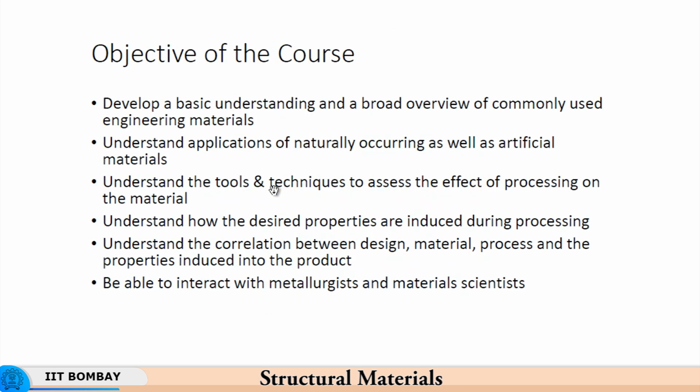So, the objective of the course is to develop a basic understanding and broad overview of commonly used engineering materials, understand applications of naturally occurring as well as artificial materials, understand the tools and techniques to assess the effect of processing on the material, understand how desired properties are induced during processing, understand the correlation between design, material processing and properties induced in the product, and be able to interact with metallurgists and material scientists, because it is a very important part a mechanical engineer does, is to interact with material scientists, metallurgists, and it is important to be able to speak their language.